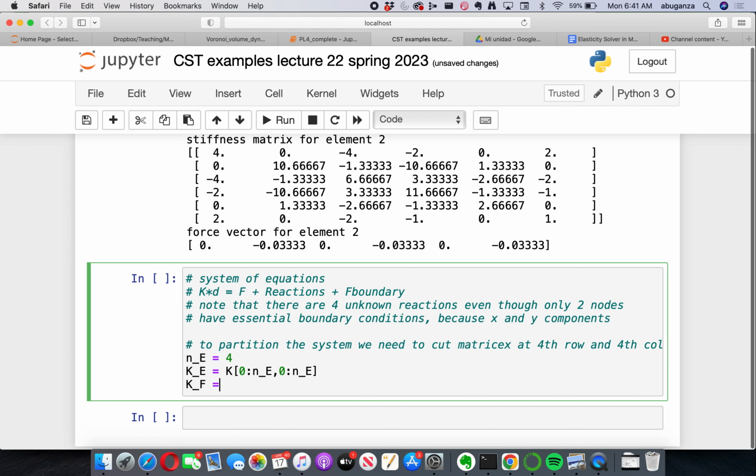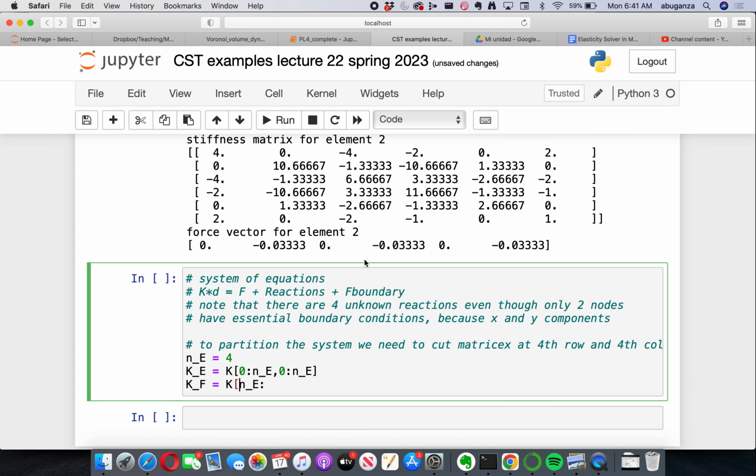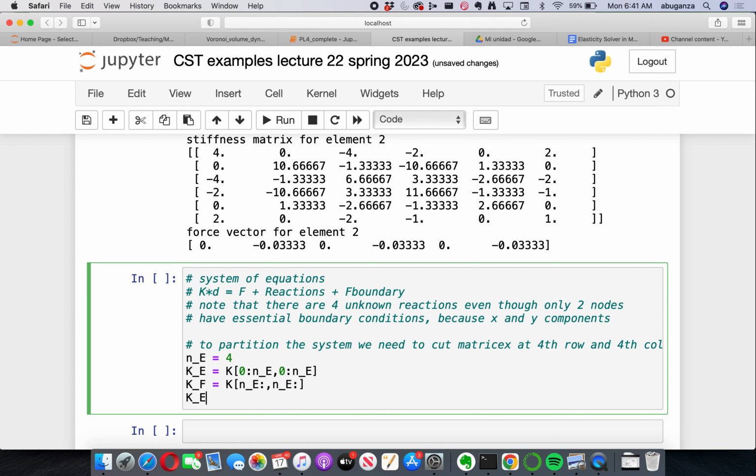KF is the matrix that goes from NE to the end, NE to the end. And KEF is the NE to the end rows, 0 to NE columns.